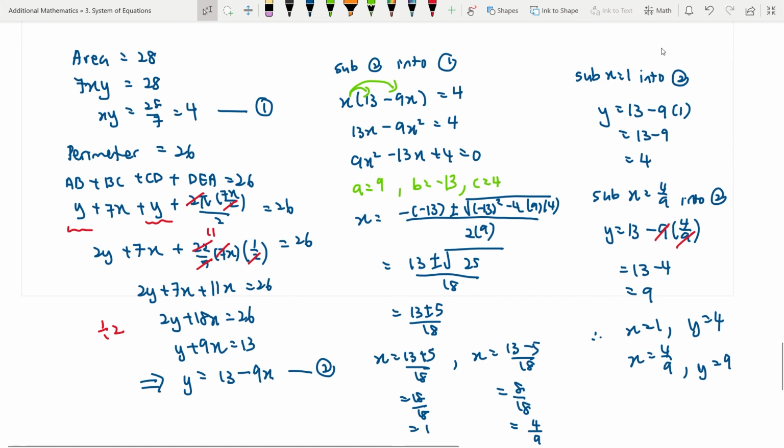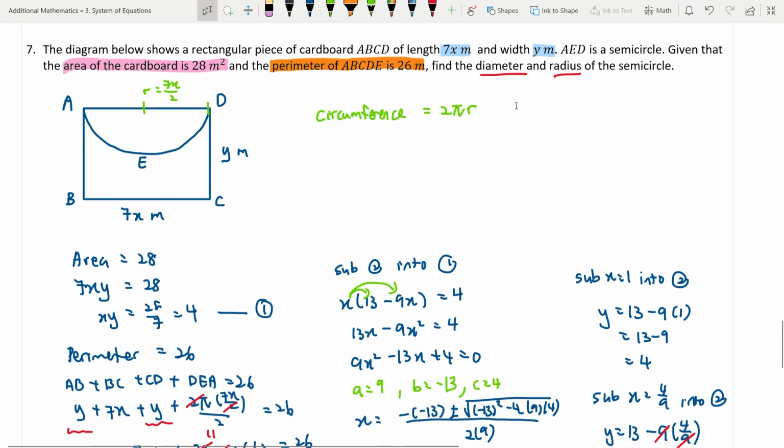Let's check the validity of our answer. When x is equal to 1, the length will be 7 multiplied by 1, we get 7. And the width is equal to y, which is 4. The length is longer than the width.